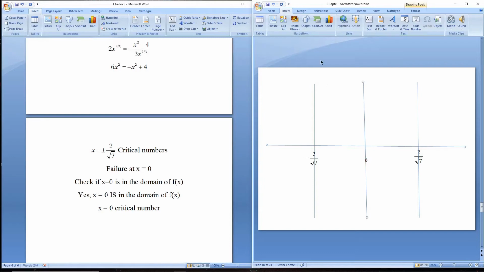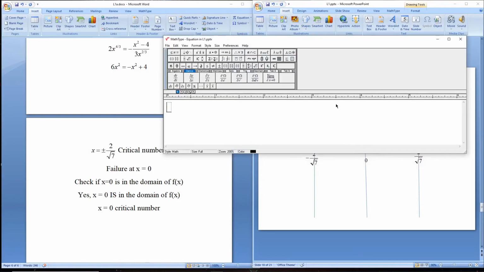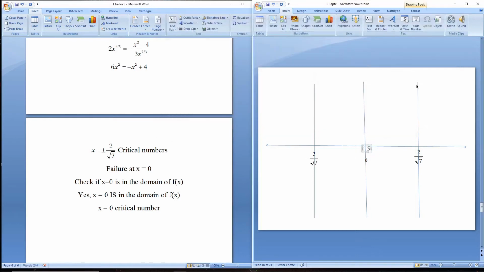So let's check some numbers. What is a number in this region here? So square root of 7, you may not know what that is. So why don't we just say, I don't know, minus 5. Certainly minus 5 is in that region.